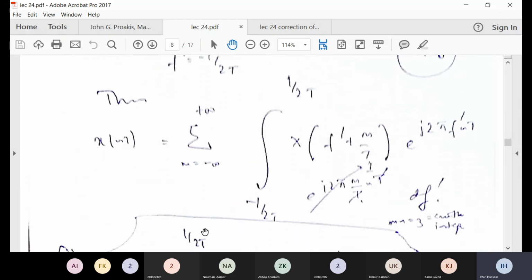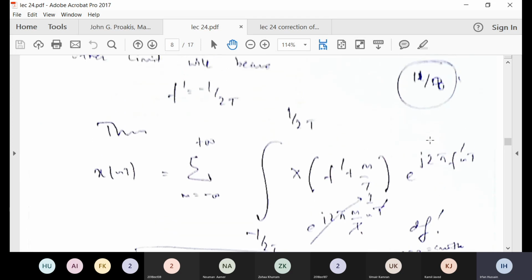So the range is minus 1 over 2t to plus 1 over 2t for f dash plus m/t, this value. And as you change this, the exponential term will also be affected.